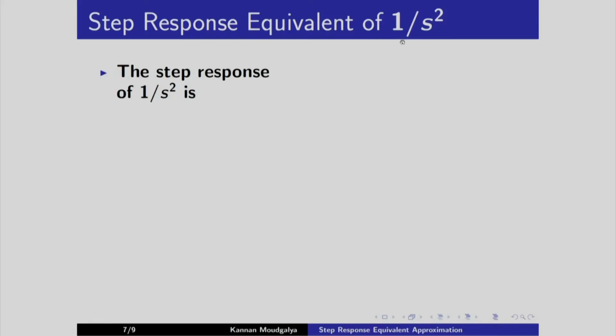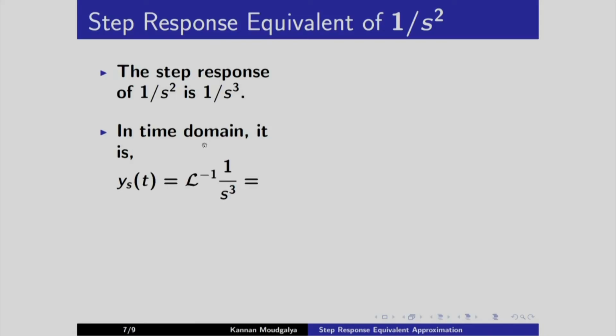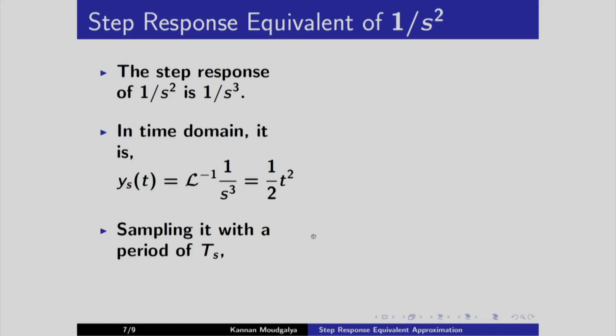So you give a step input to this and you get 1 over S cube as the response. Invert it: the Laplace inverse of 1 over S cube is half t squared. Let us sample it with a period of Ts, you get this expression. Here we use the Z transform of n squared.